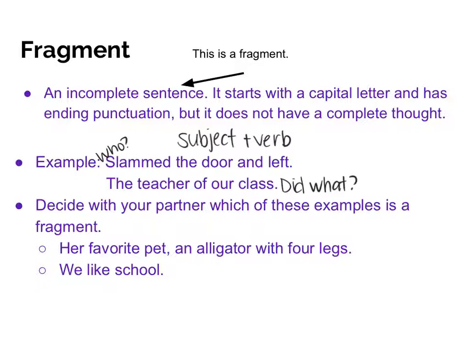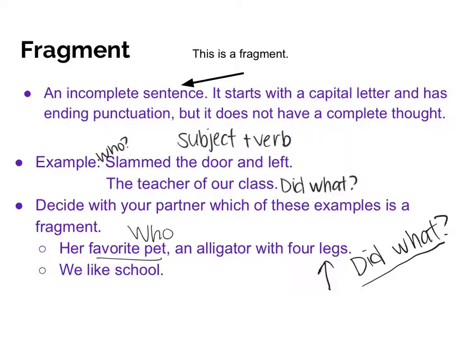But do I know what this alligator did? I know the who, her favorite pet, but does it say anywhere what this favorite pet did? No, it doesn't. So that tells me that this one here is a fragment.